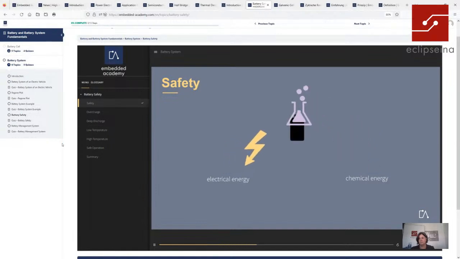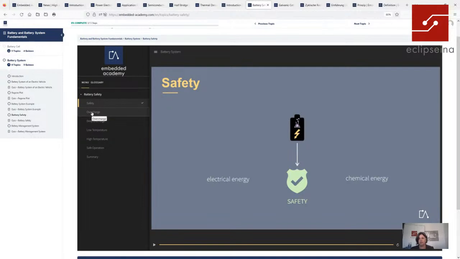This energy is compressed in a small volume. Therefore, safety is a concern that has to be satisfied under all conditions. So here are the different aspects which are to be considered for safety. I will just take the next one, overcharge, and then we go to the cyclic redundancy check.